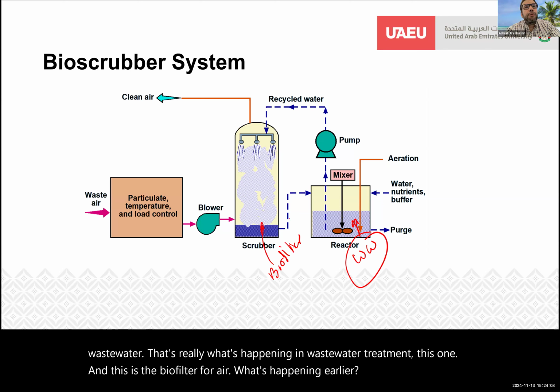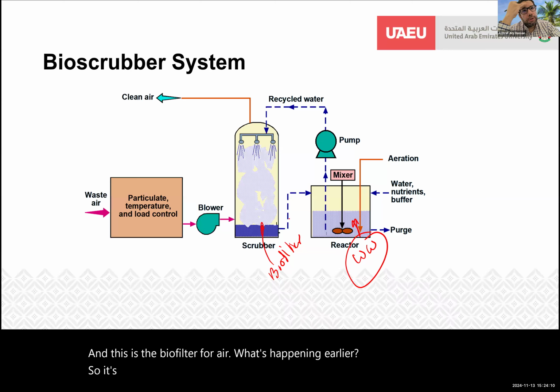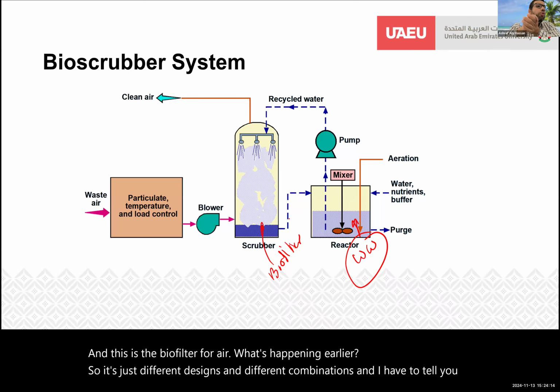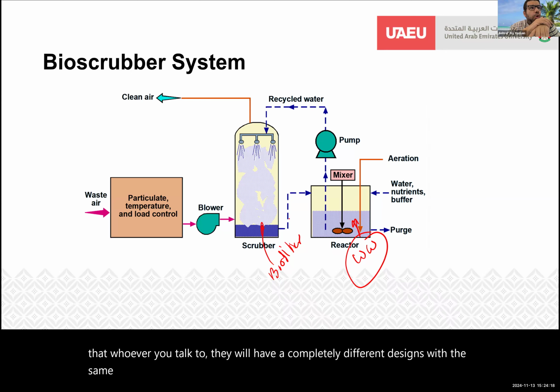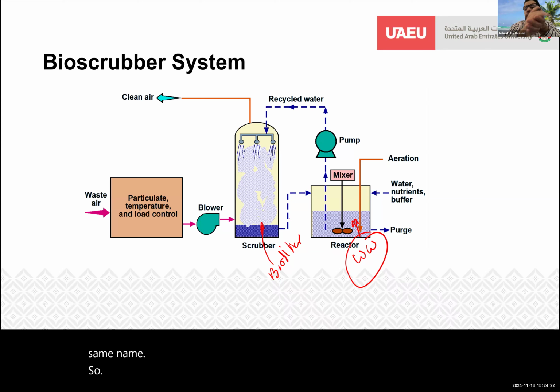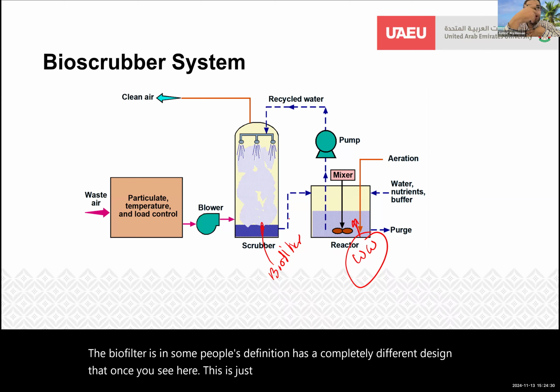So it's just different designs and different combinations. And I have to tell you that whoever you talk to, they will have completely different designs with the same name. So the biofilter is, in some people's definition, a completely different design than what you see here. This is just one interpretation. So the designs really vary.